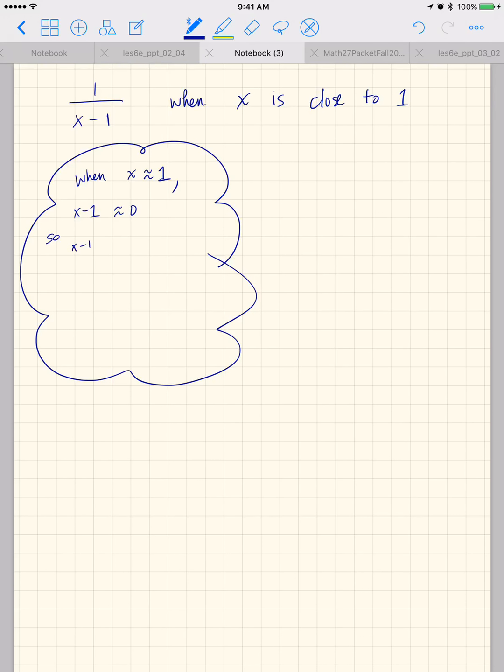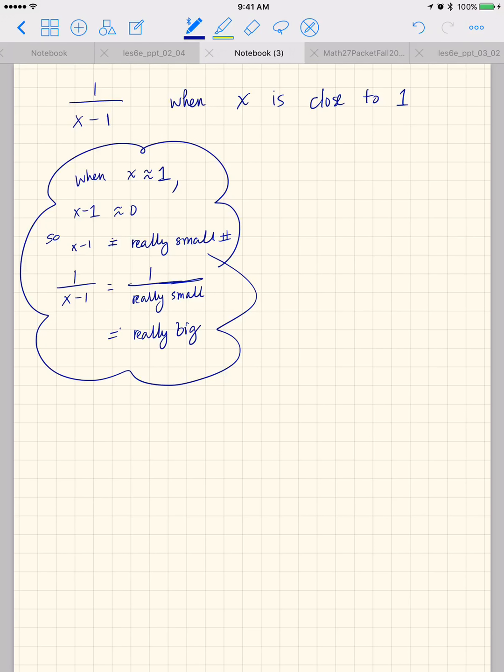So x minus 1 is really small, equals some really small number. So then 1 over x minus 1 is going to be 1 over a really small number. And the reciprocal of a really small number is a really big number.